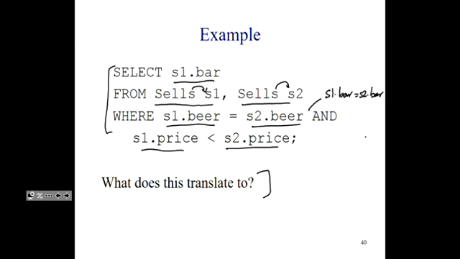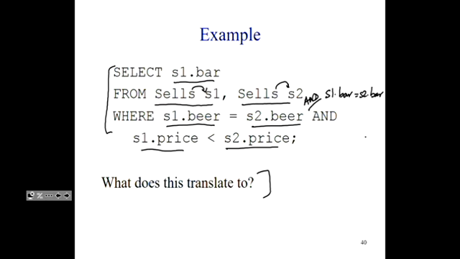That's probably not a very interesting query. So this would make more sense if I had this AND clause with s1.bar equal to s2.bar, in which case what she said was absolutely correct, which is that these are the bars that sell the same beer at two different prices.